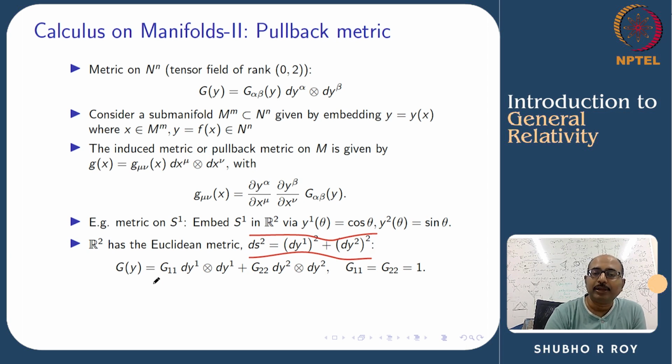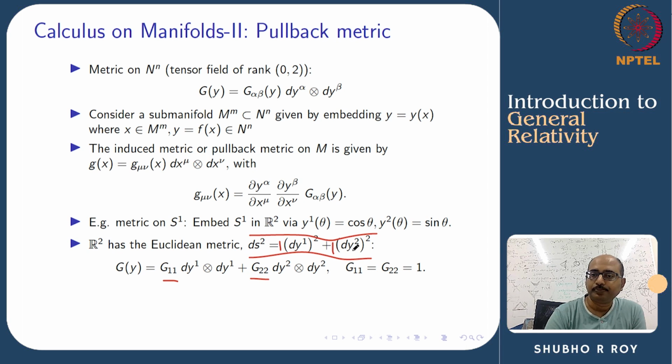This defines the metric tensor in which the coefficient of dy1 squared gives you g11, the coefficient of dy2 squared gives you g22, and the coefficient of the product dy1 dy2 gives you the metric component g12.